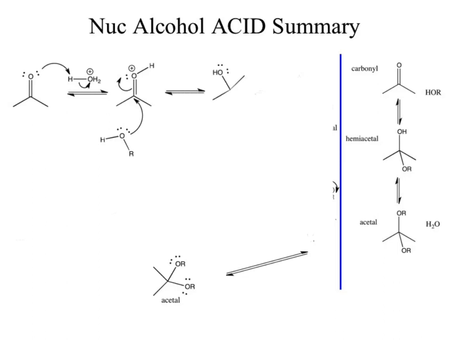The result is we'd end up with our positively charged intermediate, which we can neutralize by having another equivalent of our alcohol act as a base to remove that hydrogen. Notice again that it's the alcohol acting as a base, not a strong base. It has to be a weak base through here. Okay? At the end of that, what do we have? Well, we'd have our hemiacetal.